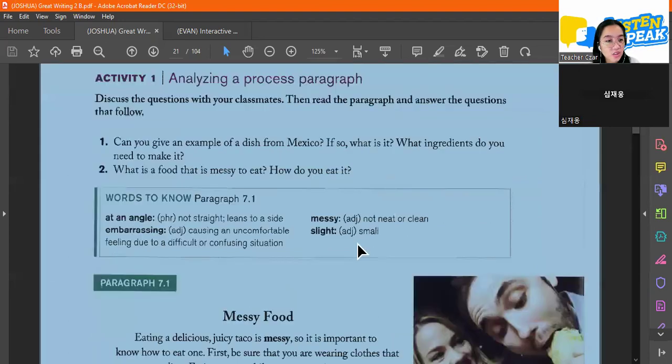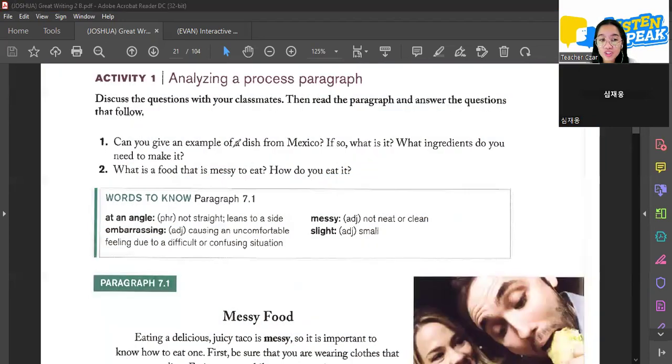Joshua, can you give me an example of a Mexican dish? I don't know. You don't know. Okay, how about Korean dishes? Kimchi. Kimchi?